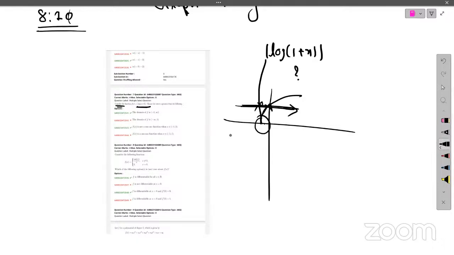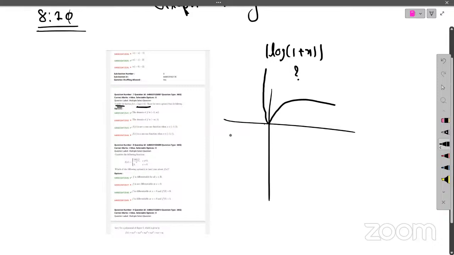So that's why it's not a 1-1 function. Will it touch the origin or not? Yes, this will be the origin, correct. It will grow something like here and then.